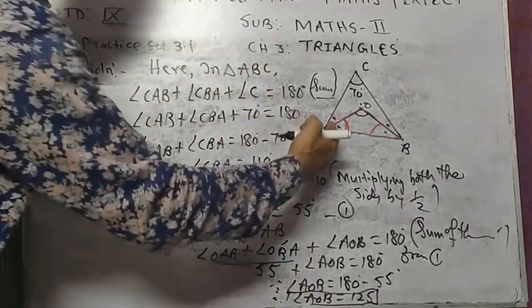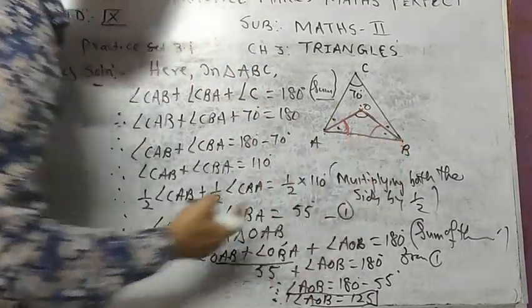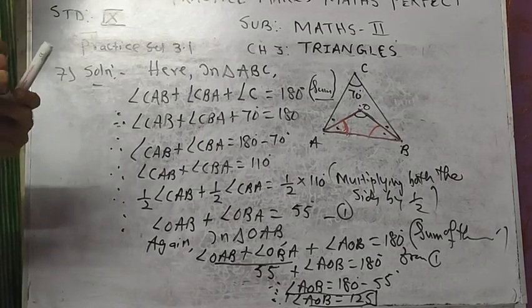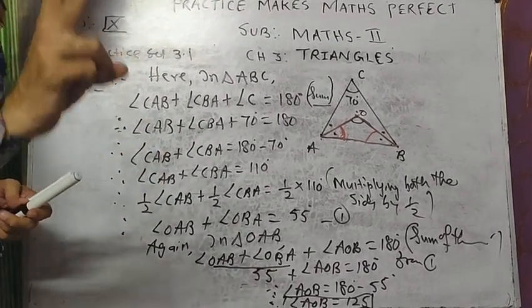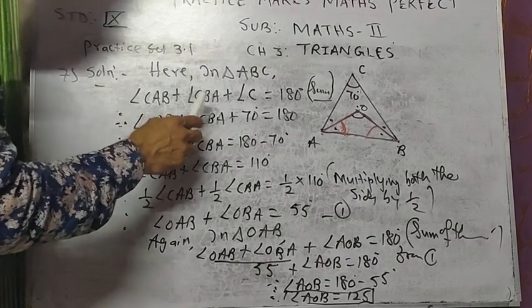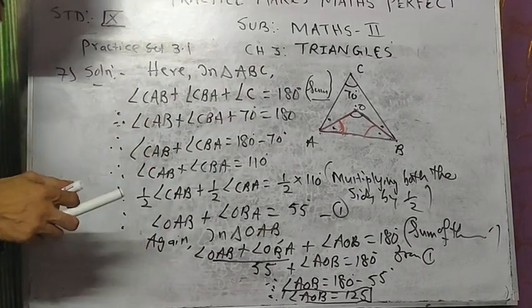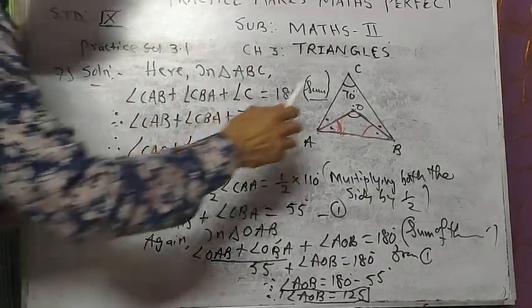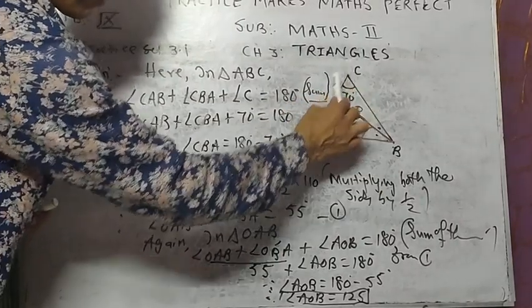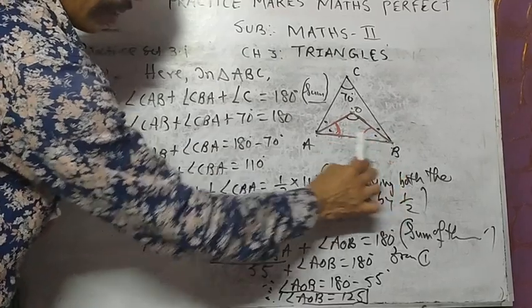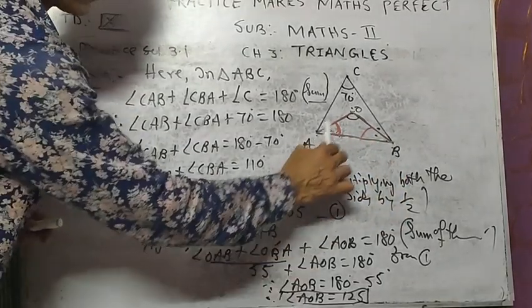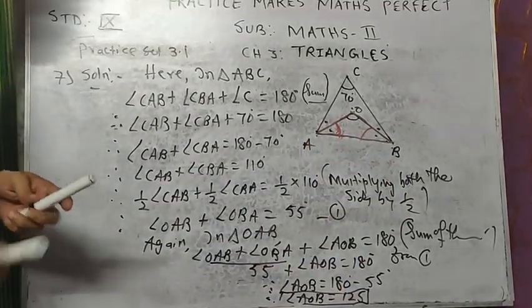Very easily you got the answer of AOB. So in this sum number 7, two times you are taking the help of the sum of the measures of angles in a triangle. First the big one, after that you will take the smaller one. Then you will get the answer of AOB very easily.